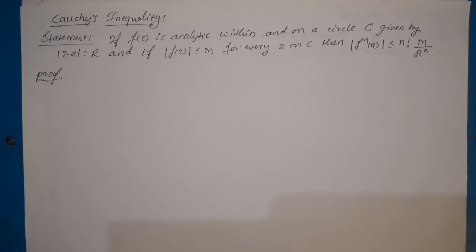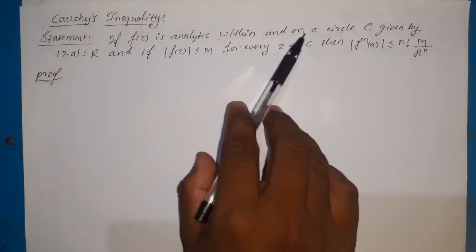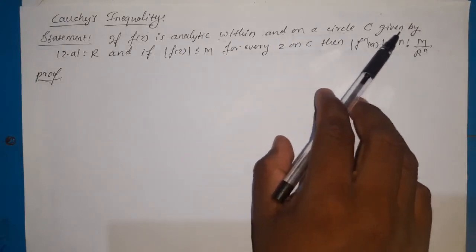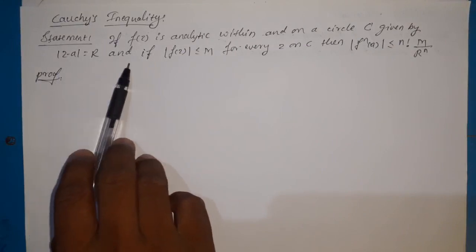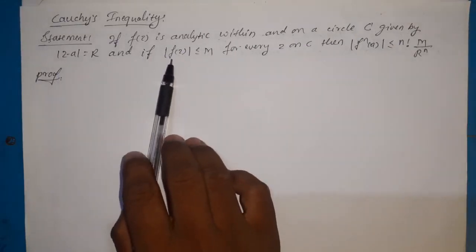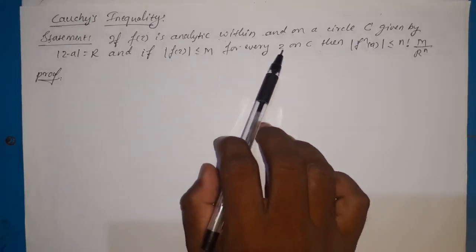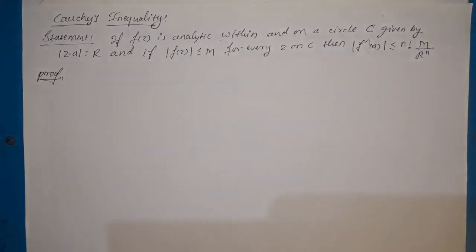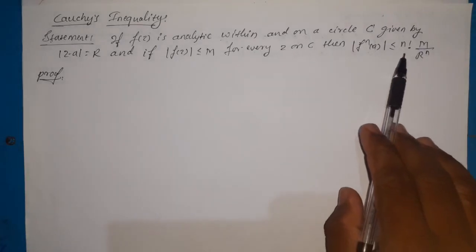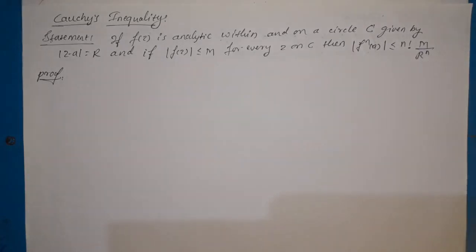The statement of this one is: if f(z) is analytic within and on a circle C given by |z - a| = r, and if |f(z)| is less than or equal to M for every z on C, then |f^(n)(a)| is less than or equal to n! M divided by r^n.